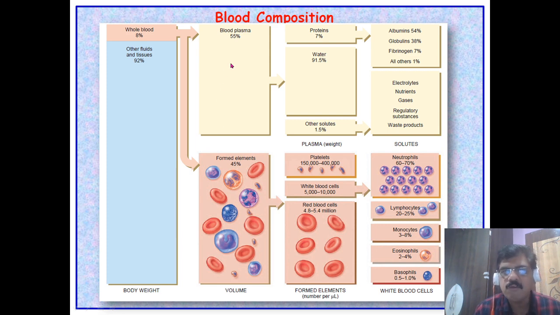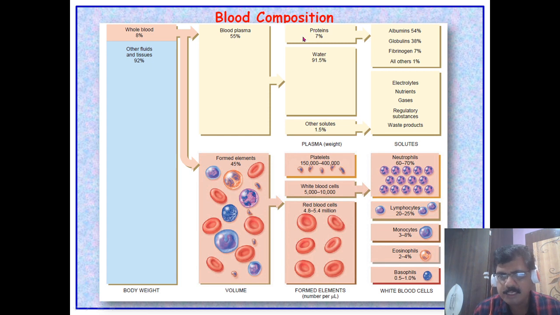If you centrifuge the blood, then the 55% remains as a supernatant over the cells, and that we call plasma. And this 55% plasma comprises 7% protein, 91.5% water, and other solutes, that is 1.5%.